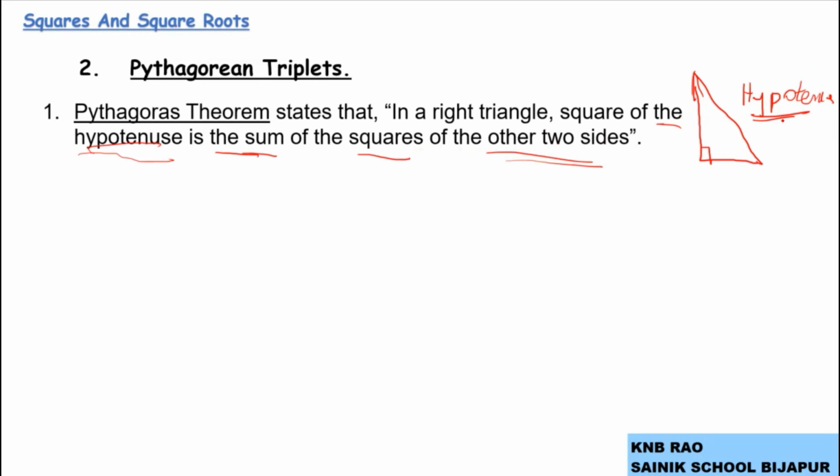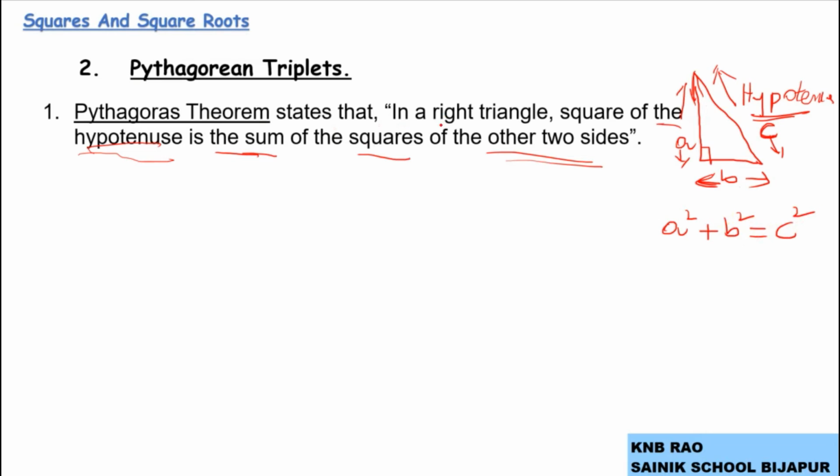For example, if I take length of hypotenuse as C and length of the other two sides as A and B, if I take this length as B units, this length as A units, and this length as C units, therefore we get Pythagoras theorem stating A square plus B square equal to C square.